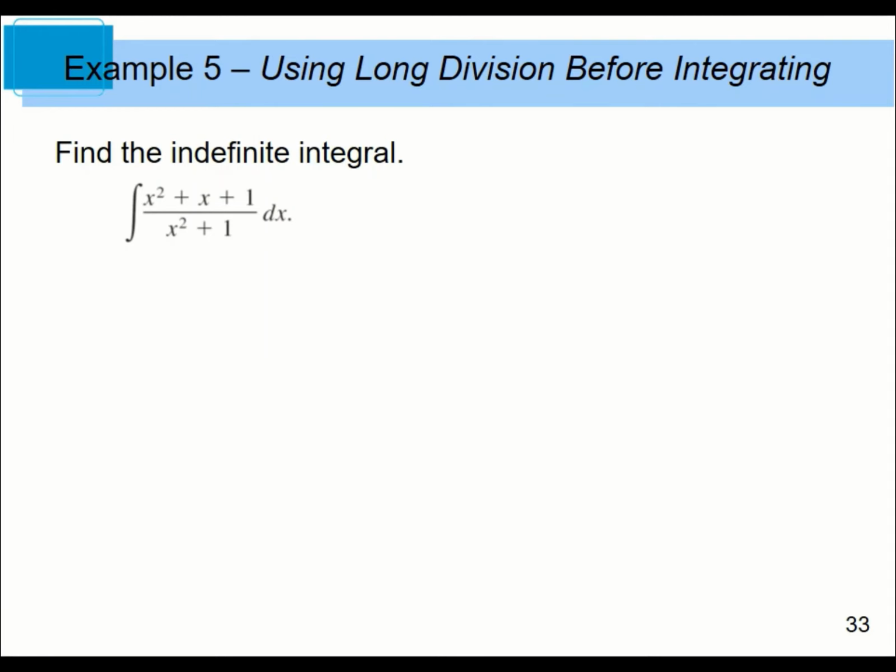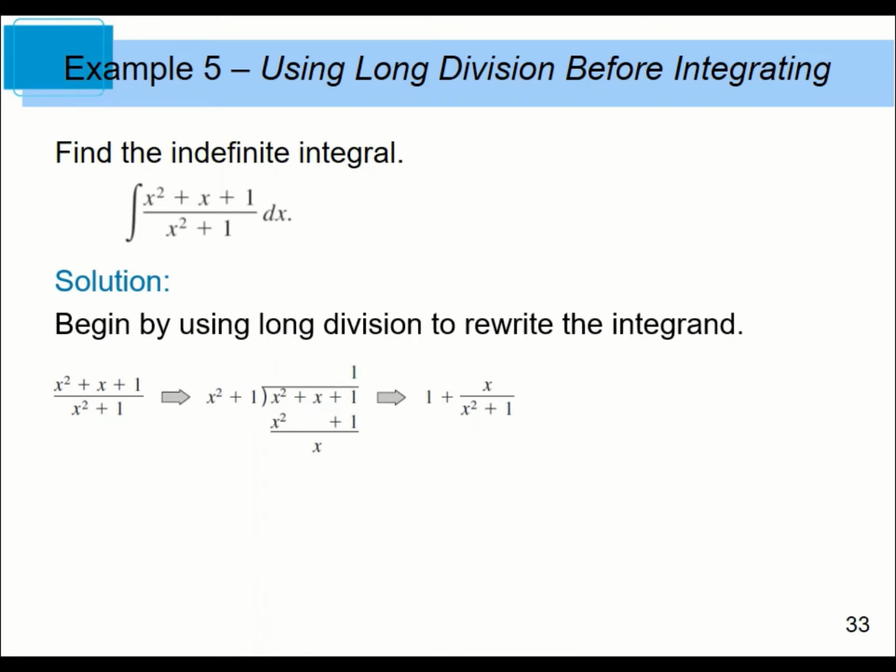When we integrate this, first we know that we can simplify this to 1 plus x over x squared plus 1. Now, how to do this? We can just rearrange the function.